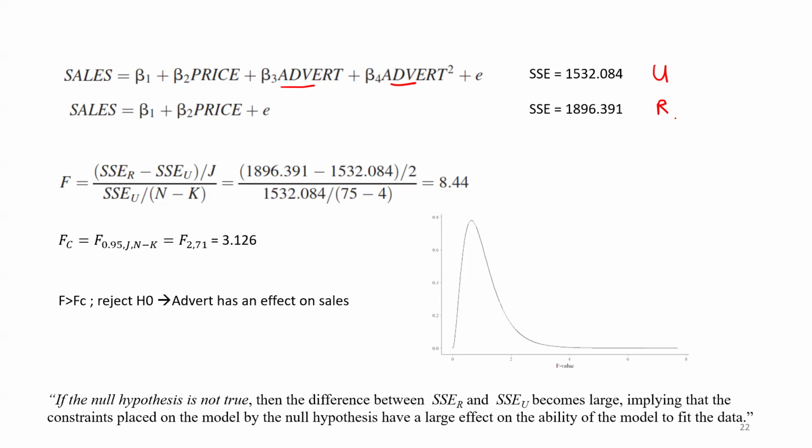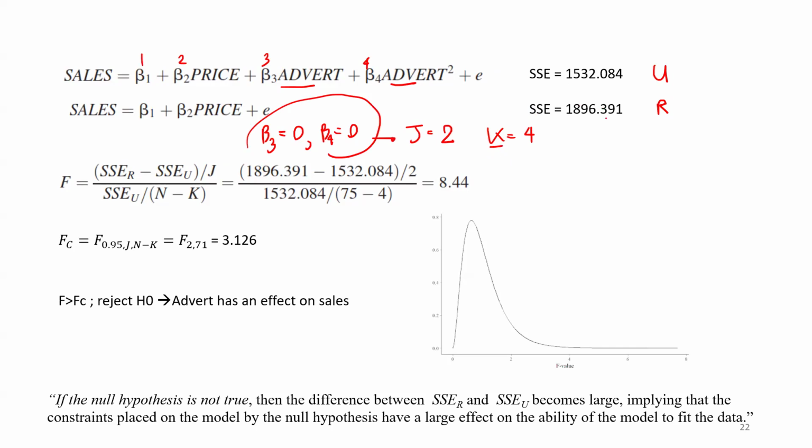The difference between unrestricted and restricted is that beta 3 equals 0 and beta 4 equals 0. So we know that J equals 2. Moreover, we can count beta 1, 2, 3, 4. So K is 4. Okay. K is the number of betas.